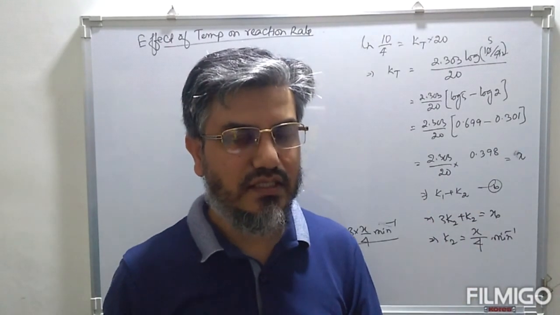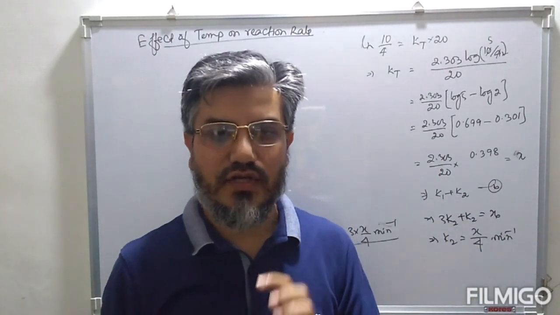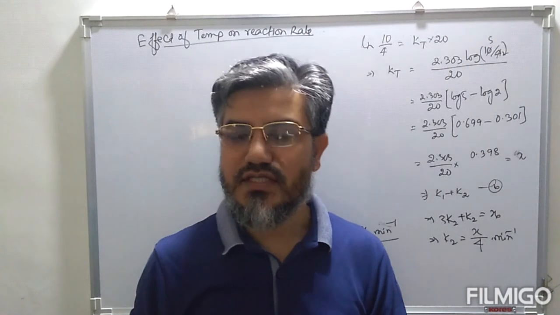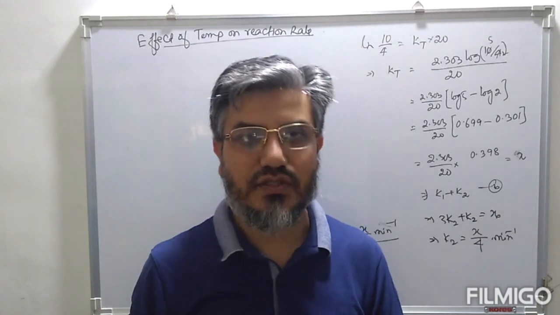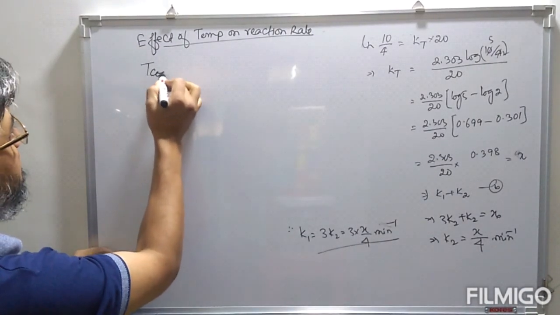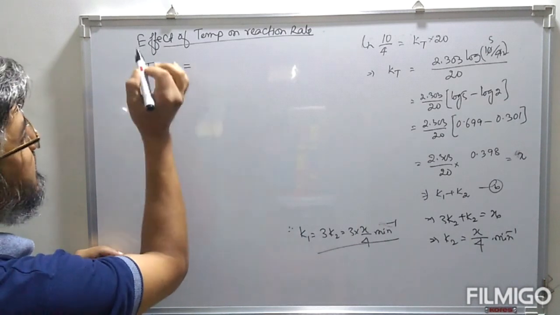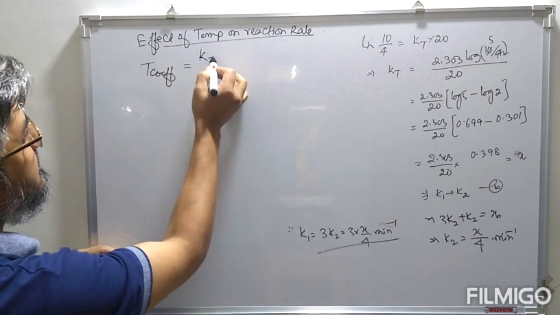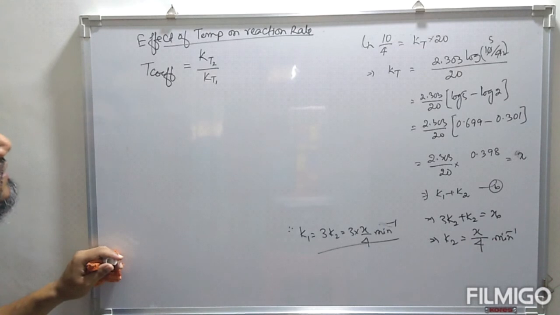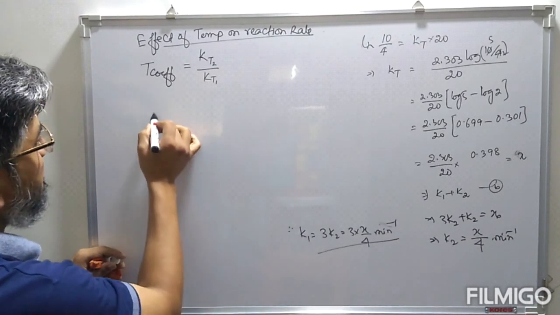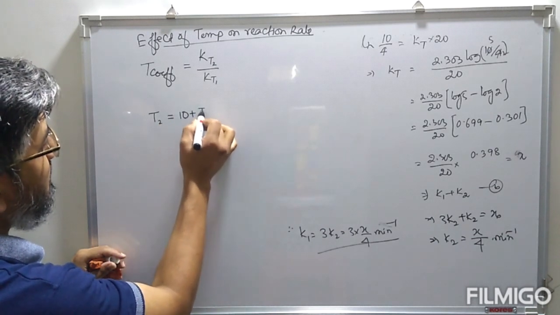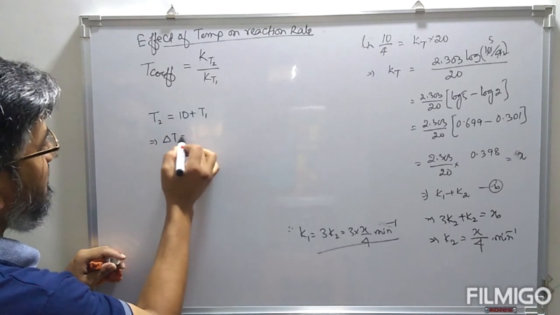This change in rate of reaction for every 10-degree increase in temperature by a factor of 2 or 3 of the initial value is what we call the temperature coefficient of the reaction. The temperature coefficient is defined as the ratio of rate constants K at T2 by K at T1, such that T2 is equal to T1 plus 10, or delta T is equal to 10.